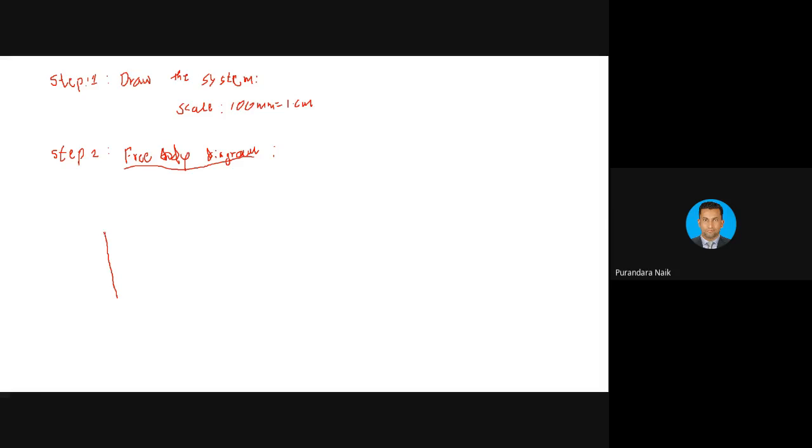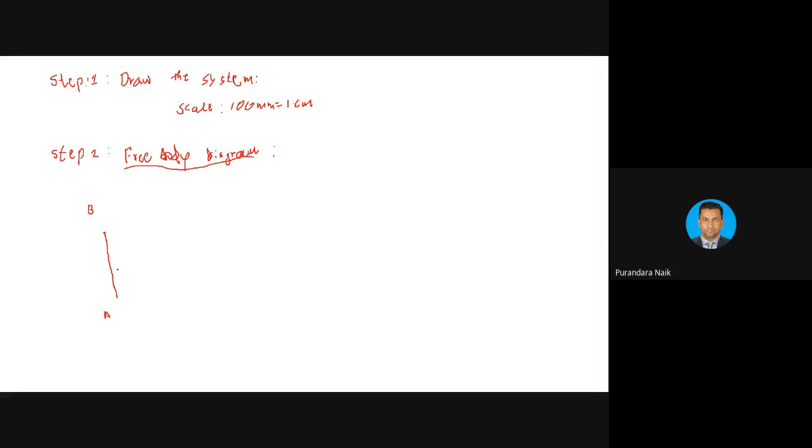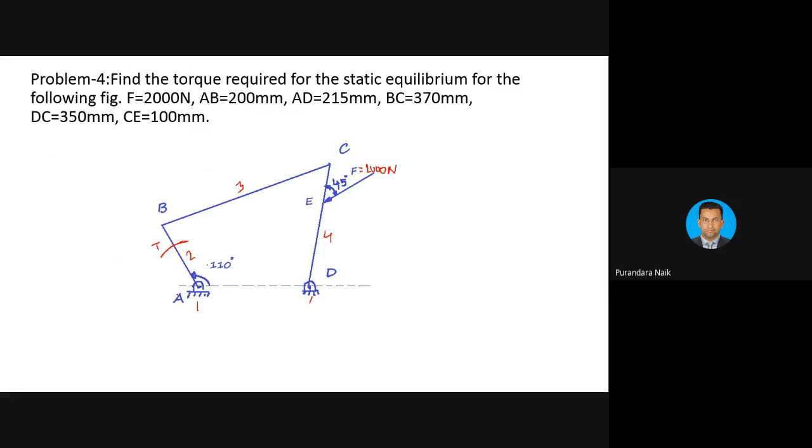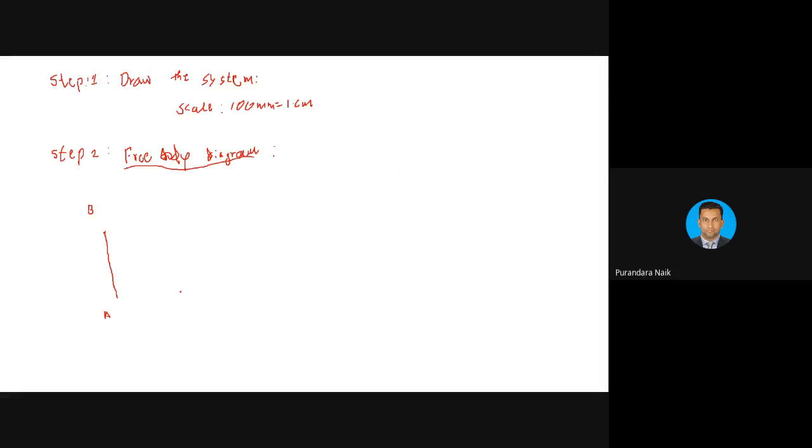So this is A, B. What is the length? I think it is 2 centimeter. Now, what are all the forces acting on this link? First force, due to link number 1.